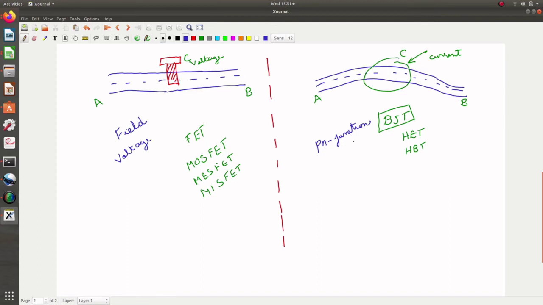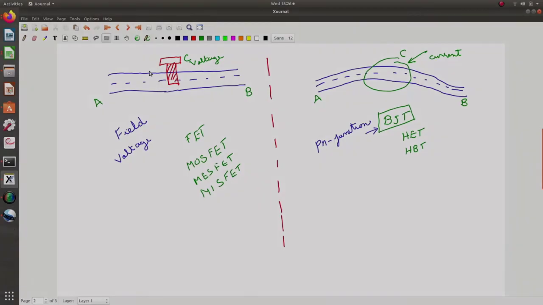So that's why we will start with this transistor. We will see MOSFET in our coming modules, but we will start by analyzing the bipolar junction transistor. Let us see what a BJT is in detail.